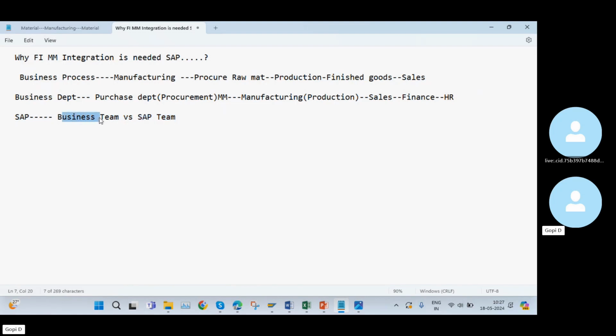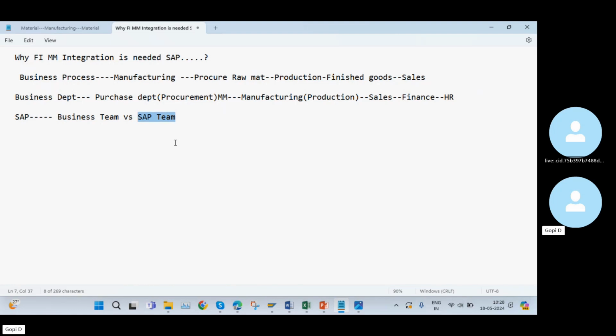And when it comes to the business team, we have different types of people, like end user, super user, power users, assistant manager, manager, or operations manager, or operations director. Likewise, we have people with different designations. And when it comes to the SAP team, we have different teams, like the design team, build team, testing team, data migration team, application support team, or production support team.